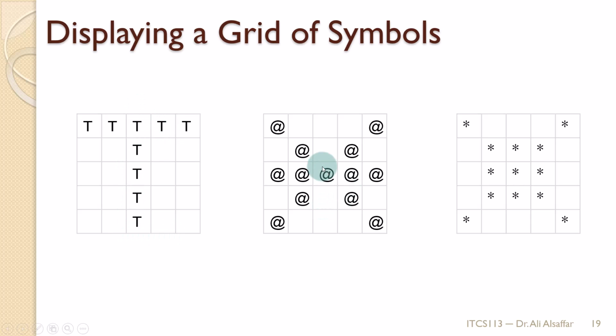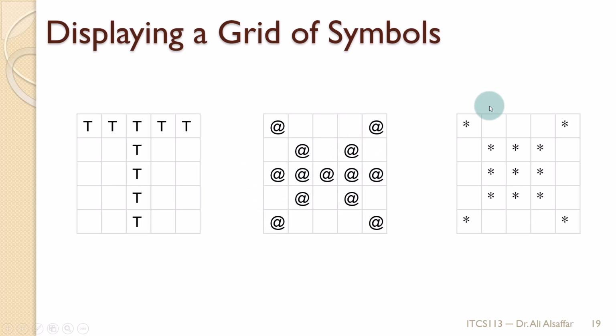Now for the other shapes, we have to look at displaying such characters this way. For example, in the middle, if I want to display this shape using the @ sign, then notice that the @ sign is on the main diagonal of the shape, also on the right diagonal, and in the middle row of the shape.